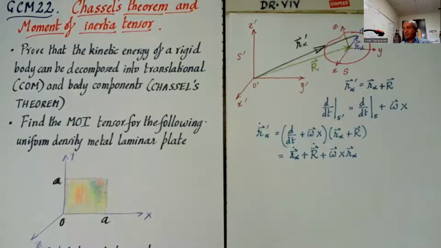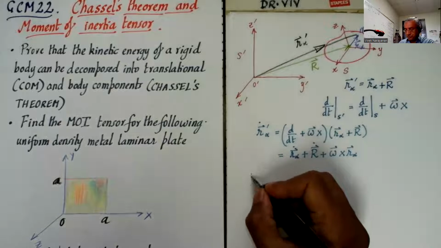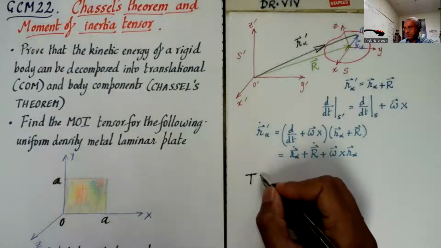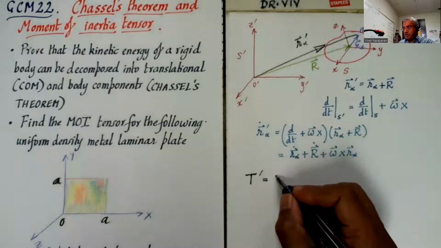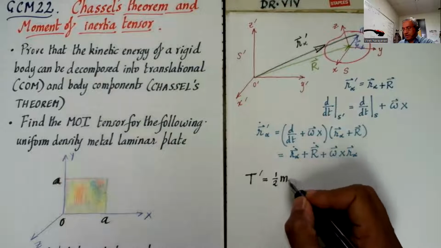Now we have to form the kinetic energy of the mass point and then sum it up over all the mass points to find the total kinetic energy of the object. So let's proceed to do that. The definition of kinetic energy, indicated by the symbol capital T, in the primed frame, it is 1/2 m alpha.